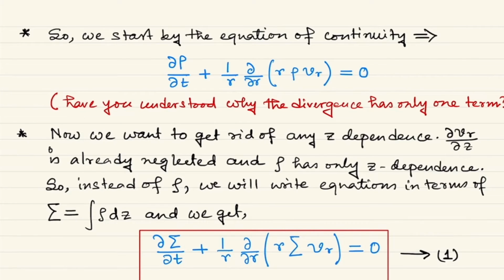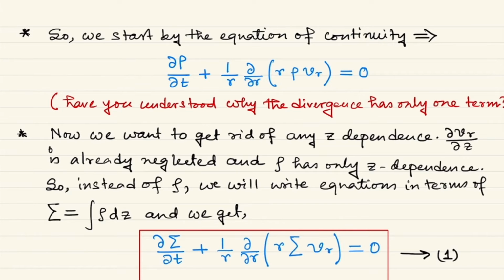It doesn't have any information about the variation; already it is integrated over z, so any variation of rho with respect to z will be contained in it. And finally, if we just study the evolution equation of sigma, then in those equations we are concentrating on what is happening in the plane of the disk, that is the r theta plane.